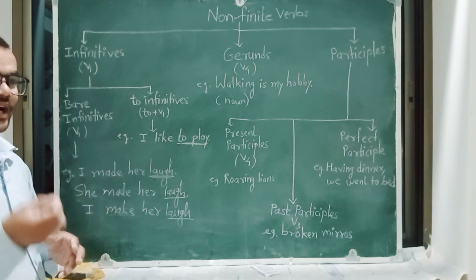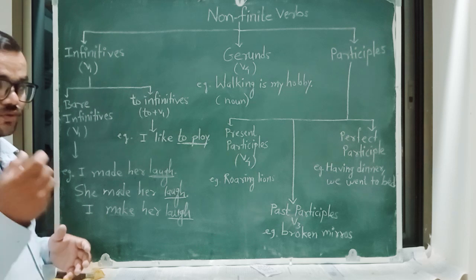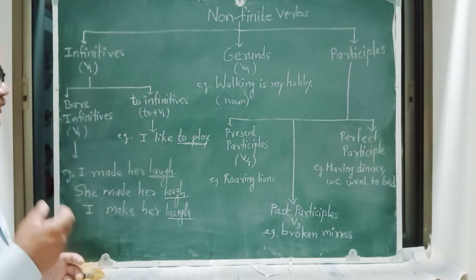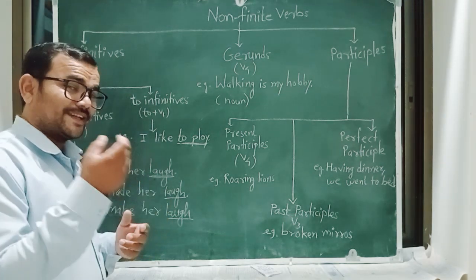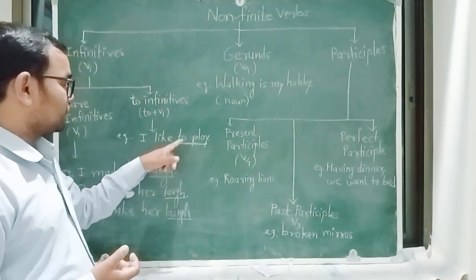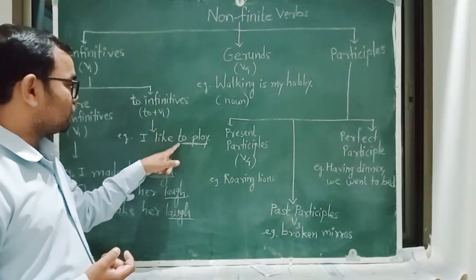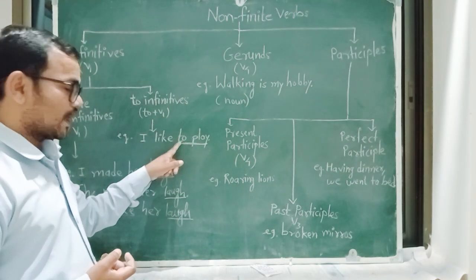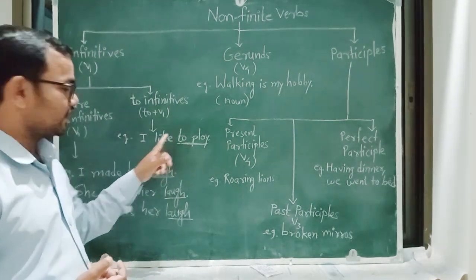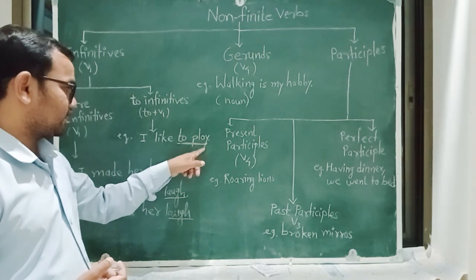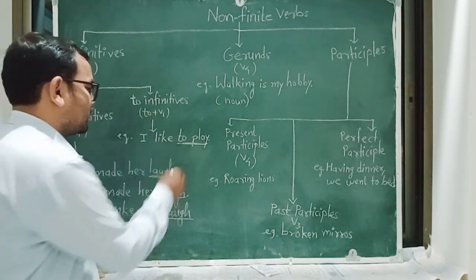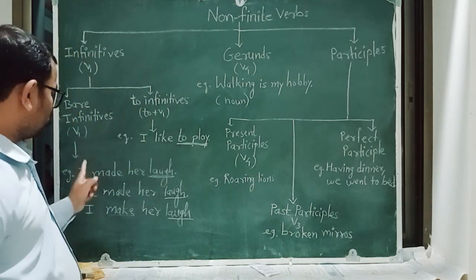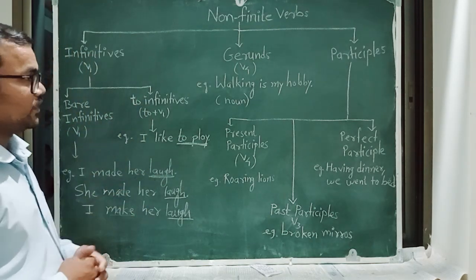Bare infinitives are the first form of the verb which do not take to with them, and to infinitives are the first form of the verb which take to with them, right? The first form of the verb preceded by to, right? I like to play, right? So to play is a to infinitive and laugh is a bare infinitive.